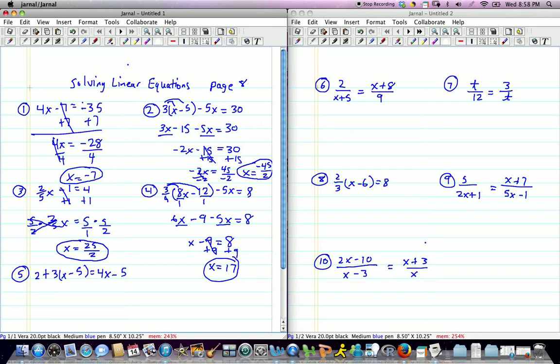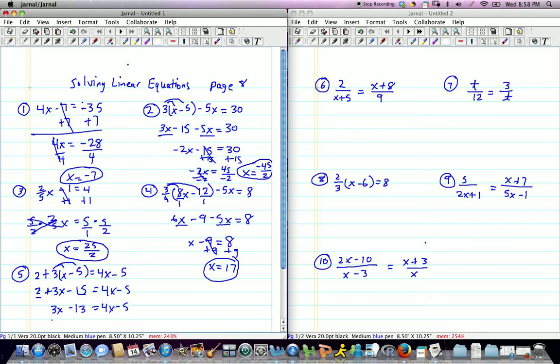Okay, so we're going to now take a look at number 5, which is down here in the corner. Similar, I keep the 2, do nothing with it, but then I'm going to distribute the 3, so I get plus 3x minus 15 equals 4x minus 5. Now I have variables on both sides, but before I do anything, I'm going to combine the 2 and the negative 15. So this is going to be 3x minus 13 is equal to 4x minus 5.